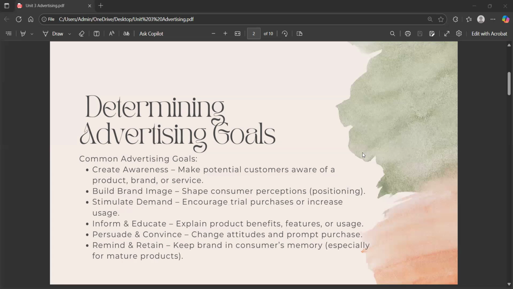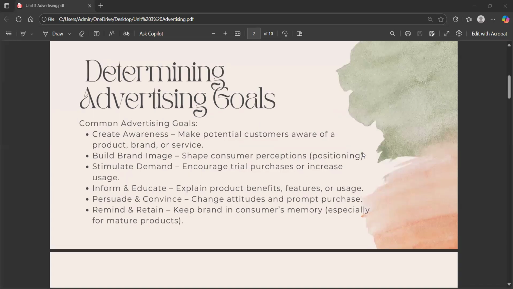So if I am thinking about writing something and I am thinking about a pen, then a name that comes to my mind is Cello. Cello is a popular pen brand. So that way, a brand or a company can remind and retain their products and services in the consumer's mind.